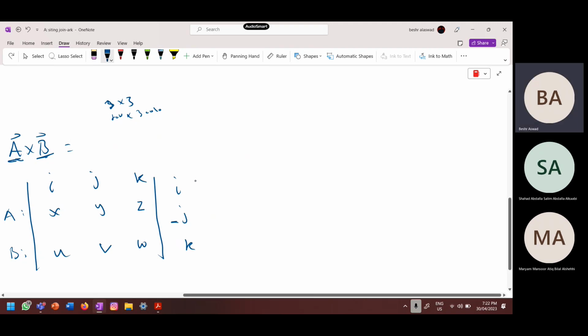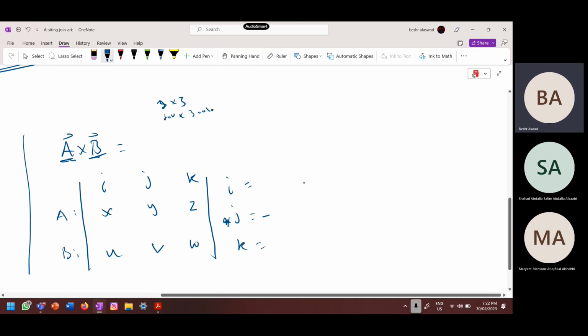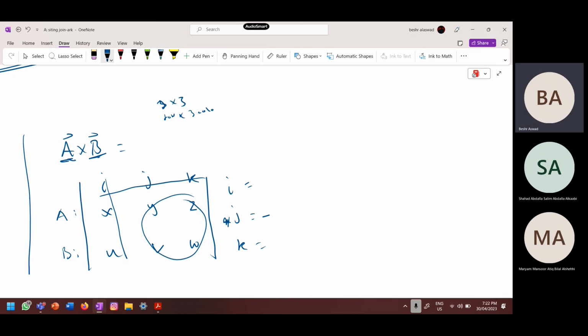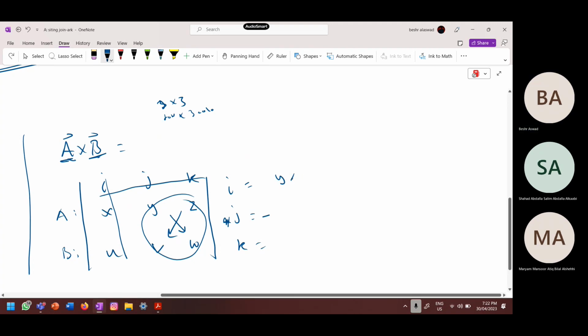As for the j, you can either do this, cancel the negative, put it here. It's fine, just do whatever you want. Just get the correct answer. To start with, to get the i component, you need to cross this and work on these. So y multiplied with w minus z multiplied with v.